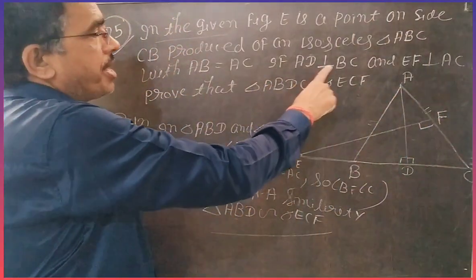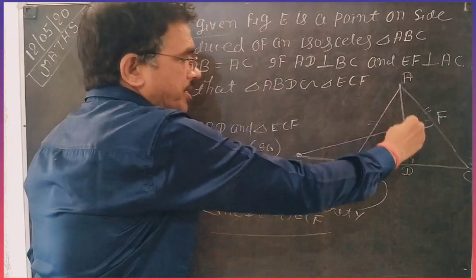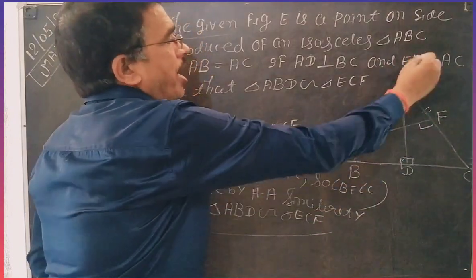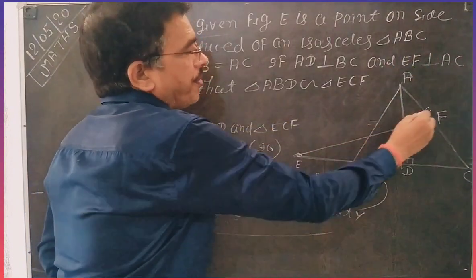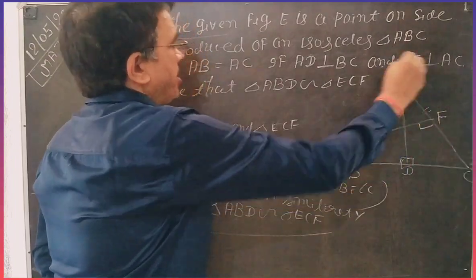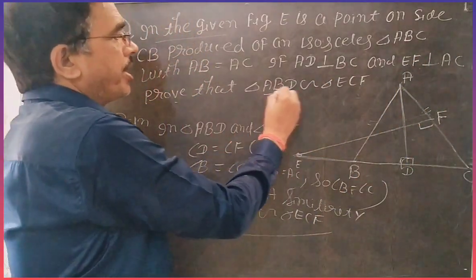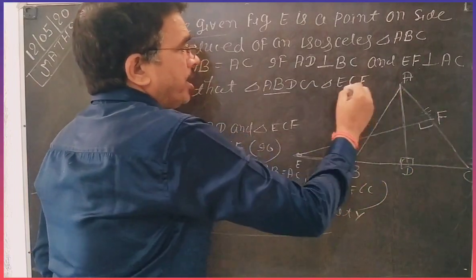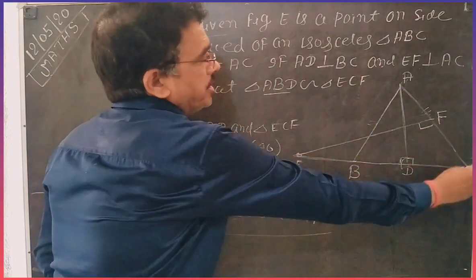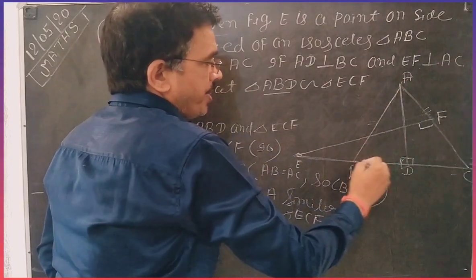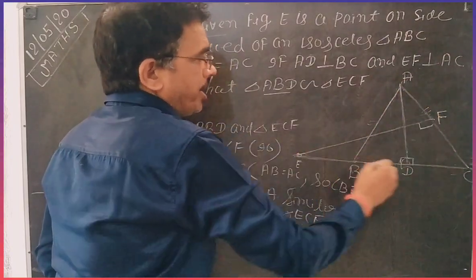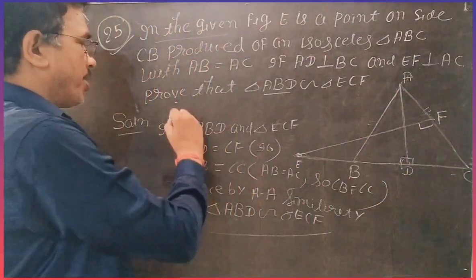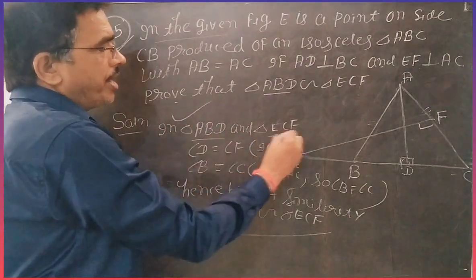If AD is perpendicular to DC and EF is perpendicular to AC, prove that triangle ABD is similar to triangle ECF. So dear student, you write triangle ABD and triangle ECF.